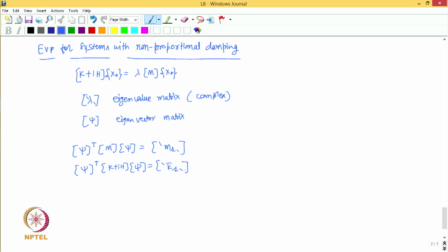So, these are still true, the orthogonality properties. However, now one difference which occurs as compared to the case of proportional damping is that the modes, the eigenvectors, are now complex. That is the one difference that occurs as compared to the proportional damping case.